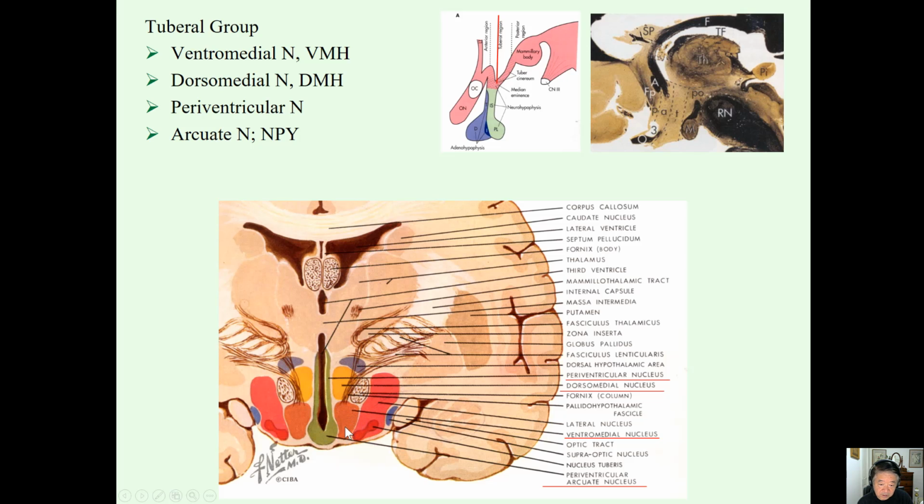In the ventral part, this is the ventromedial hypothalamic nucleus, which is called the satiety center. Above it is the dorsomedial nucleus of the hypothalamus. In addition, you have the arcuate nucleus, shaped like an arch. You also have the periventricular nucleus, which is different from the arcuate nucleus.